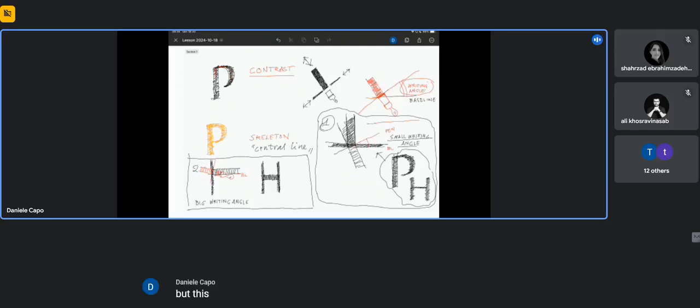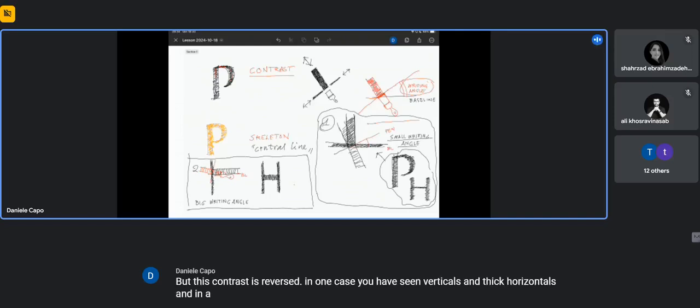But this contrast is reversed. In one case, you have thin verticals and thick horizontals, and in this case, you have thin verticals.